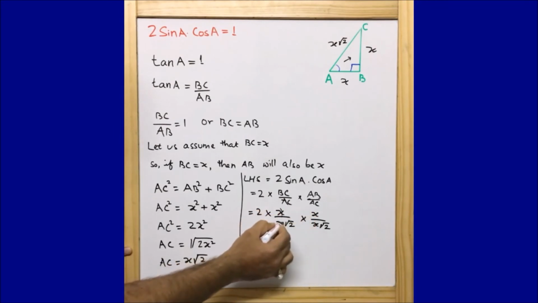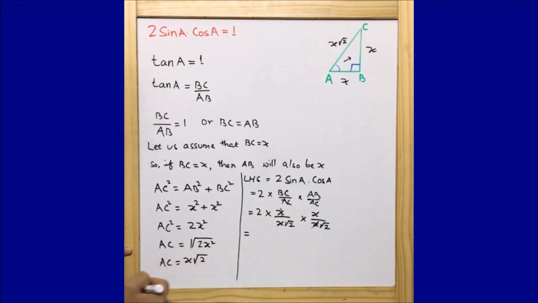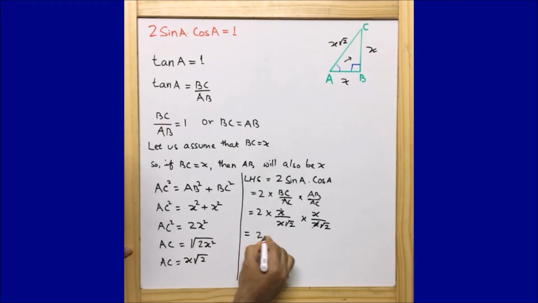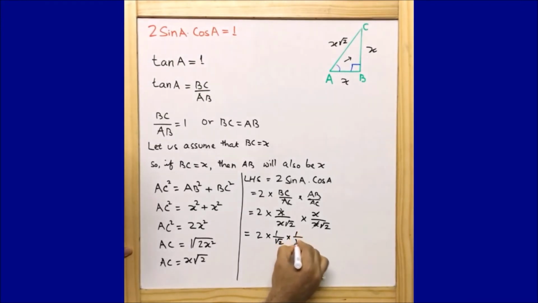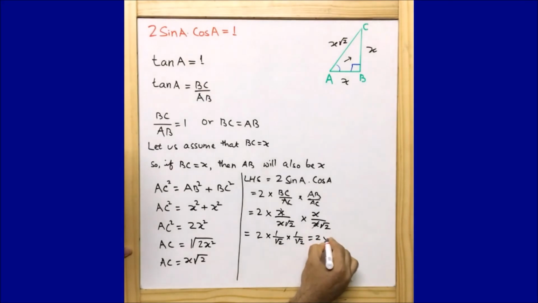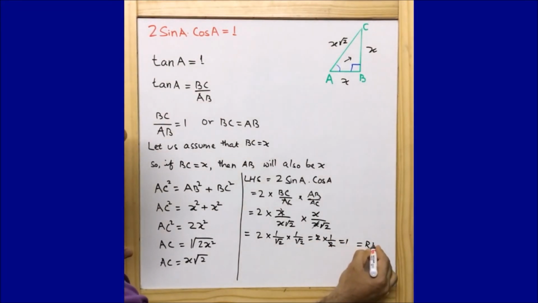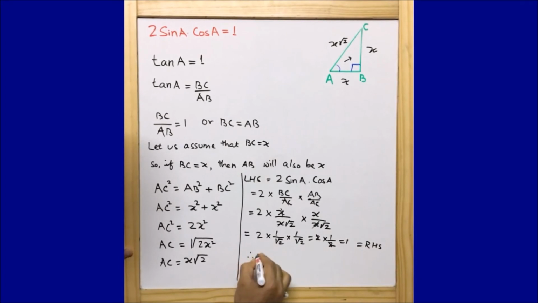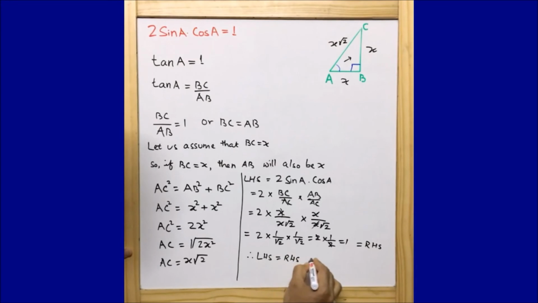This X will cancel with this X, so we will be left with 2 into 1 by root 2 into 1 by root 2. 1 by root 2 into 1 by root 2 is nothing but 1 by 2. So these two will cancel, that is equal to 1. So that is equal to RHS. Therefore left hand side is equal to right hand side, hence proved.